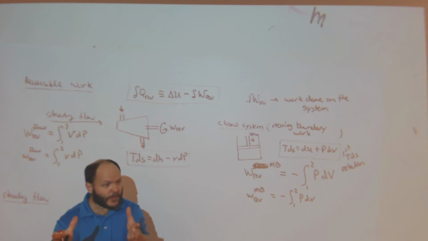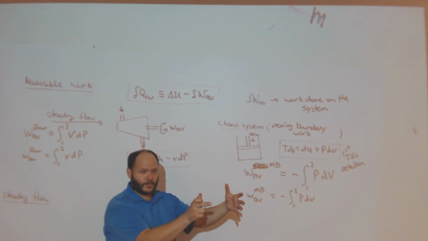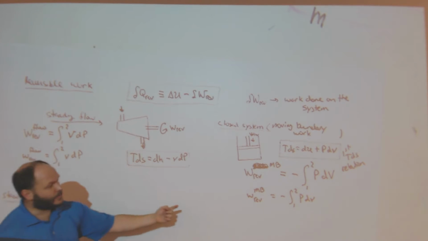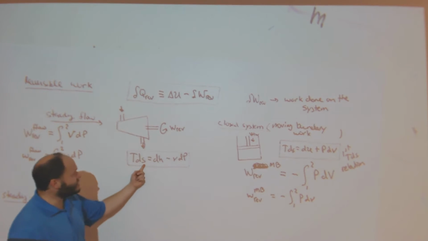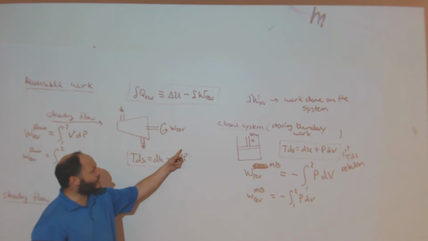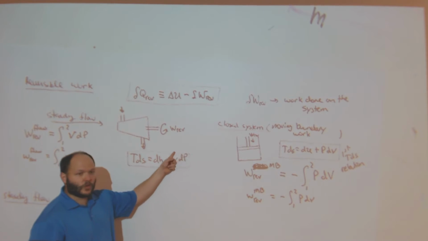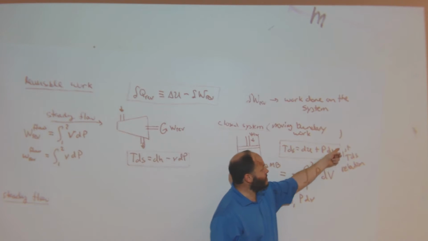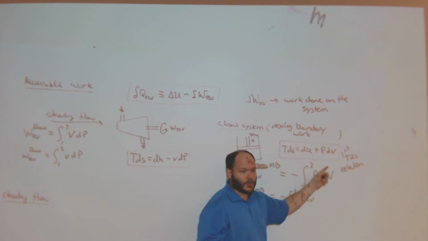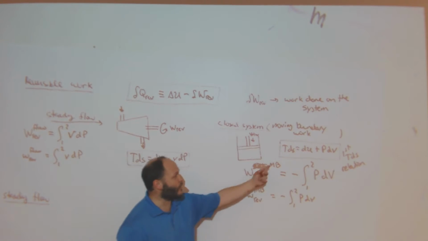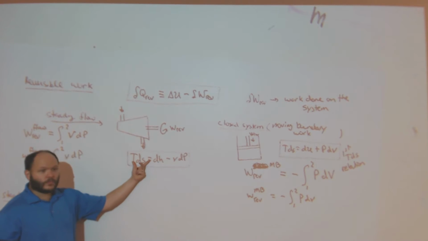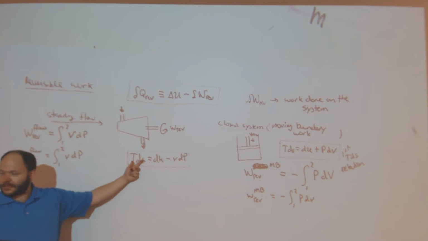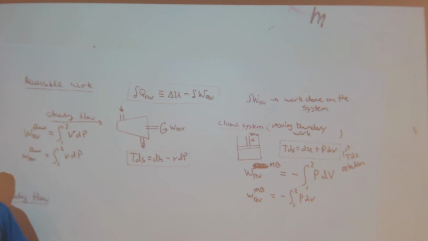So I can have a moving translational work, flow work here, and then the second TDS deals with translational work, and the first TDS deals with boundary work. More for an engine, more for pumps, turbines, things like this, where you actually have fluid flowing through your system.